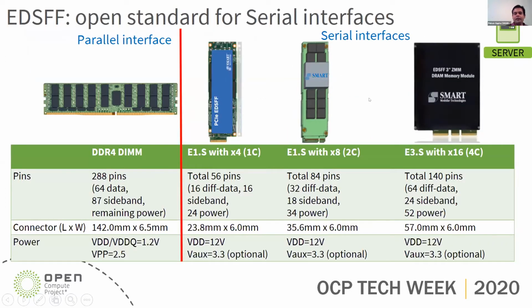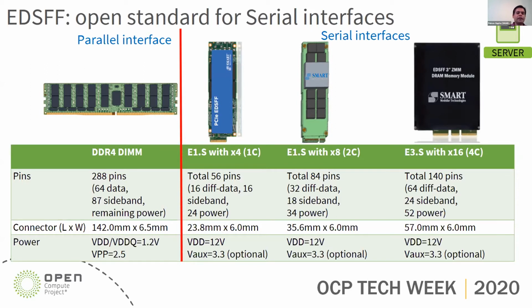Over here, this slide compares a parallel interface on the left, which is the DDR4 DIMM interface, along with the E1.S EDSFF serial interface. There are two different configurations of E1.S: an E1.S with a 1C connector, which is similar to a PCIe Gen 4 x4 interface, and an E1.S with a 2C connector, which is similar to an 8-lane PCIe interface.